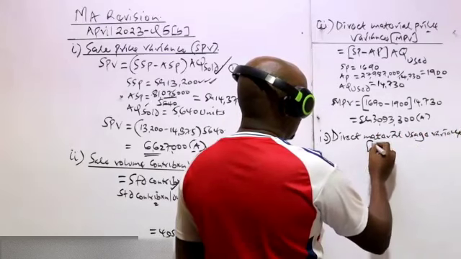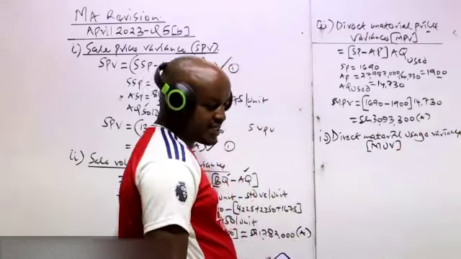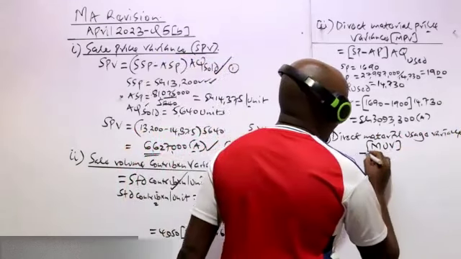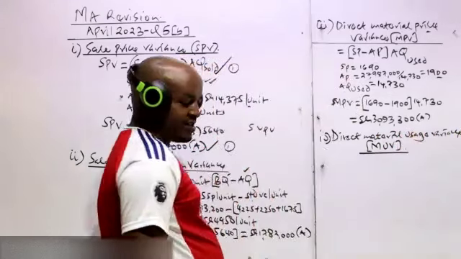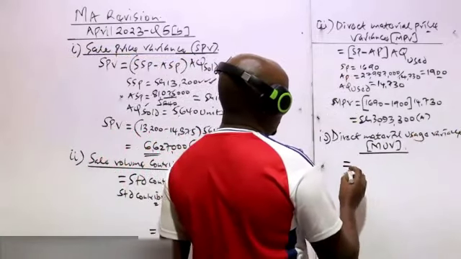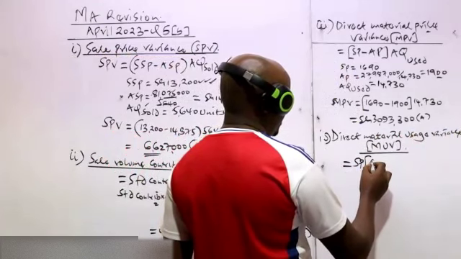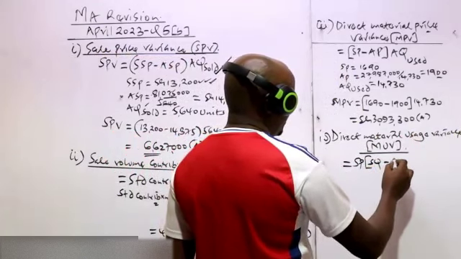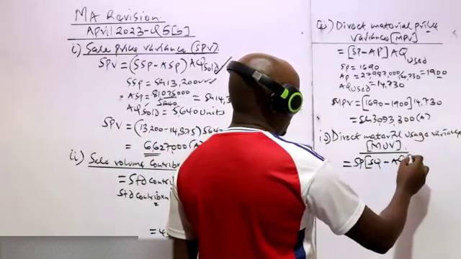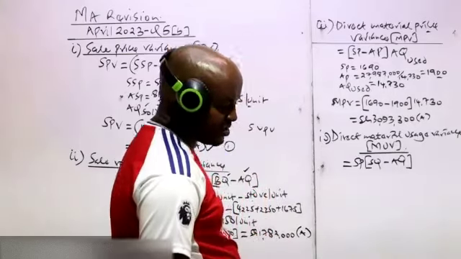This is abbreviated as MUV, direct material usage variance. So how do we compute this one? This is equal to the standard price, multiplied with the standard quantity minus actual quantity. Yes, that is basically how we compute this one.